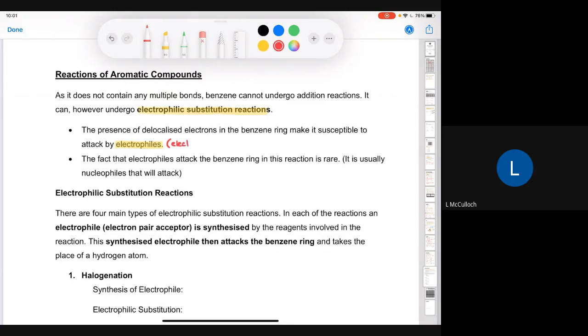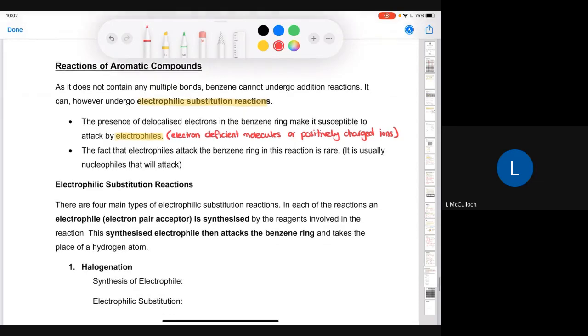So they are electron deficient or positively charged, electron deficient molecules or positively charged ions. And the fact that electrophiles attack the benzene ring in this reaction is rare. It's usually nucleophiles that will attack.